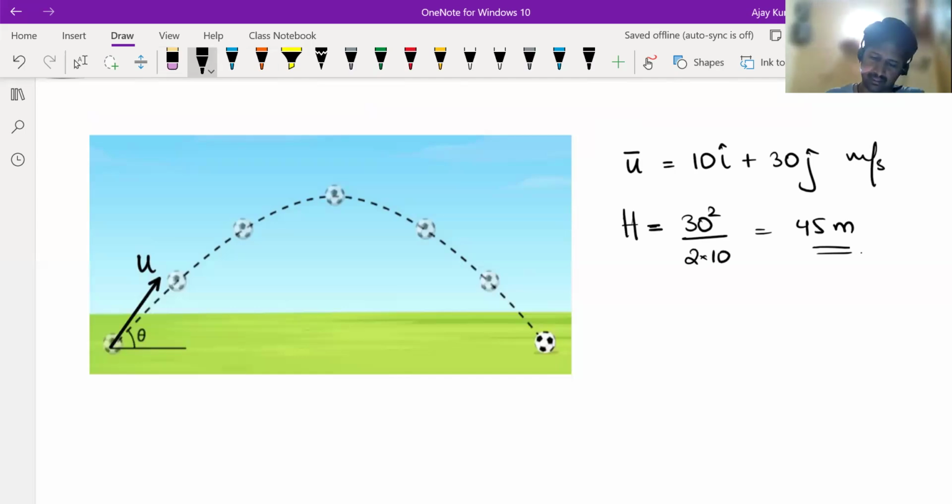I want you all to find out, like when the ball is at a height of 25 meters above the ground.